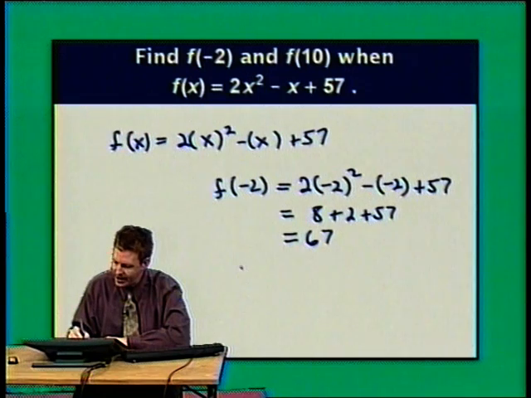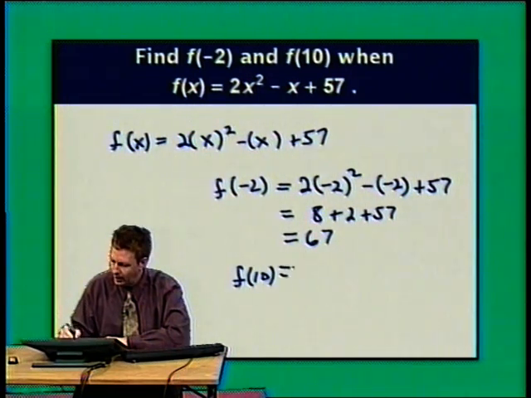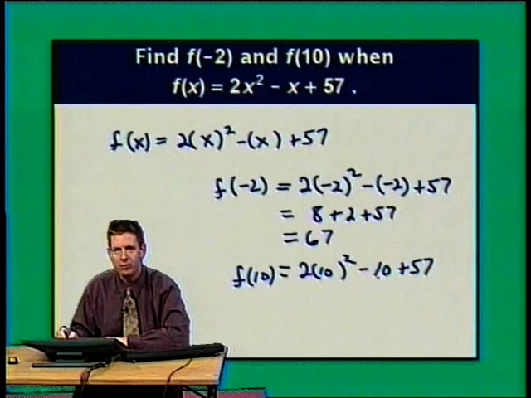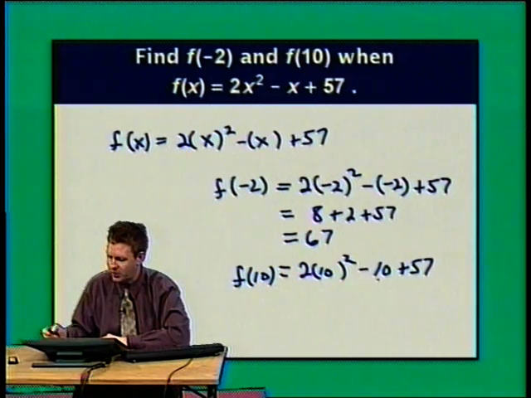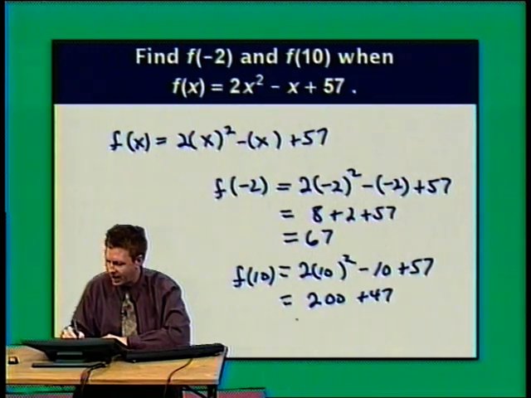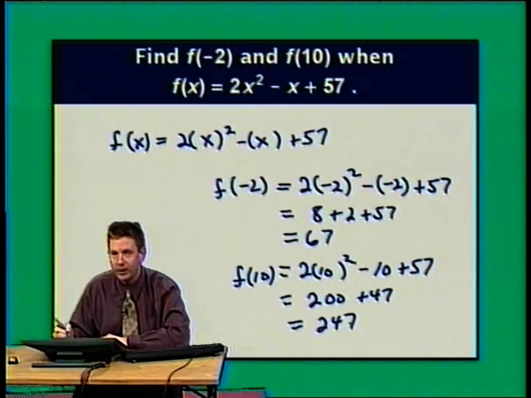And f at 10 is 2 times 10 squared minus 10 plus 57. Notice I didn't put parentheses around 10 when I was subtracting it because you don't need parentheses around 10 when it's being subtracted. So this is 2 times 100, which is 200, plus 47, which is 247.